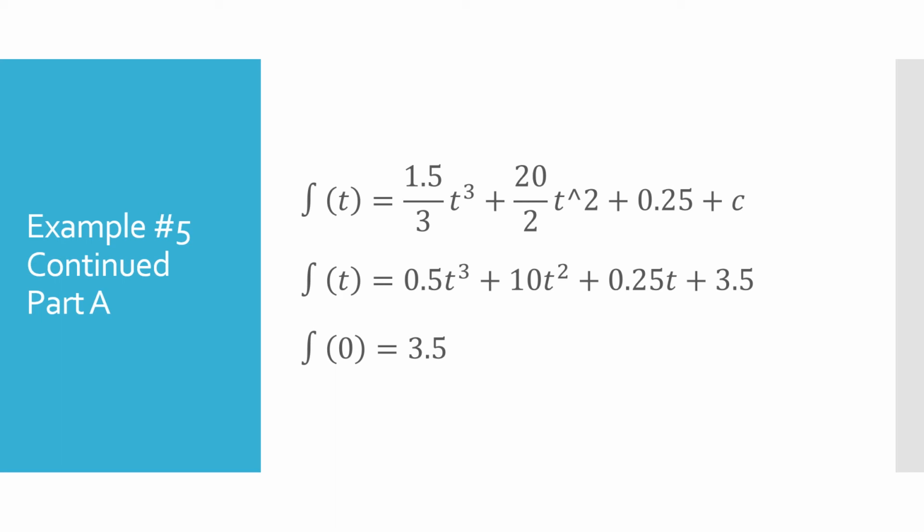After simplification, it will become 0.5t to the third plus 10t to the second plus 0.25t. And you will need to find the actual value of c by substituting the lower limit of 0 into the equation. After doing this, we found that it was 3.5. So we added 3.5 to the equation.